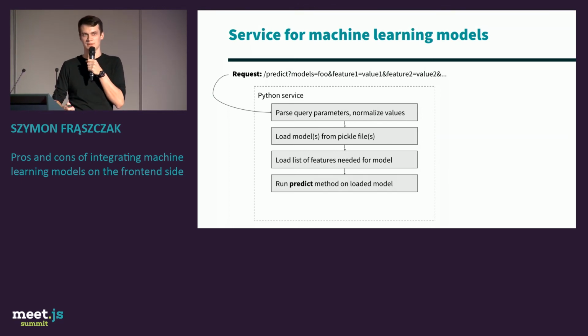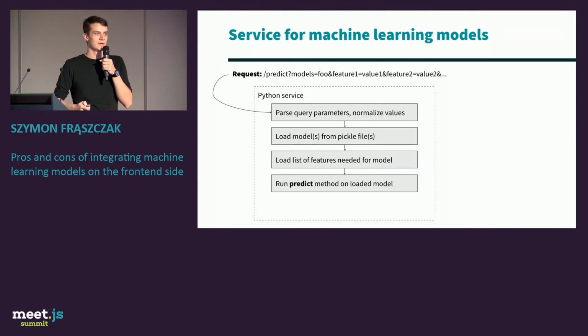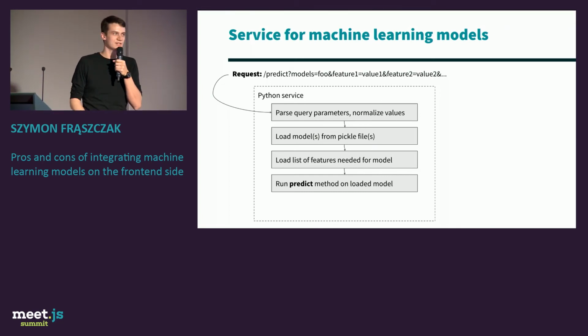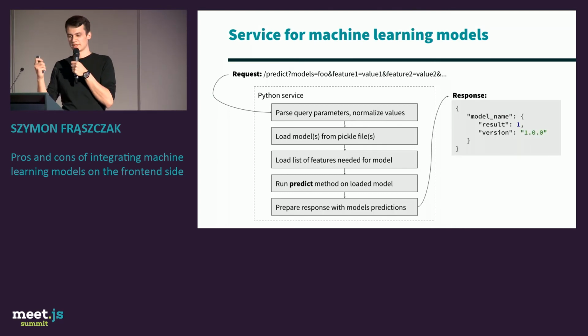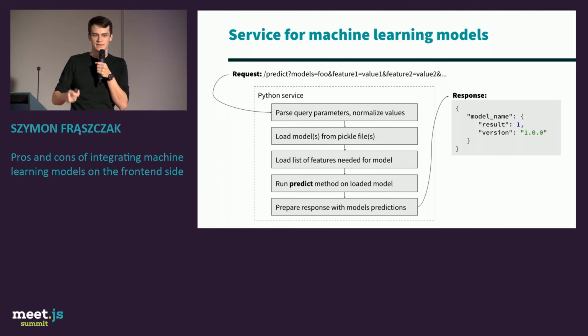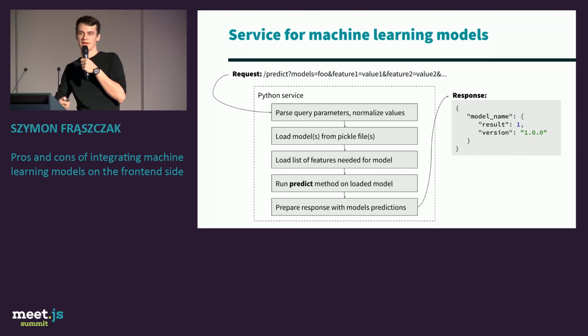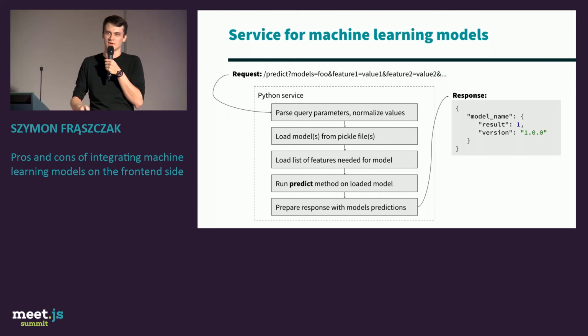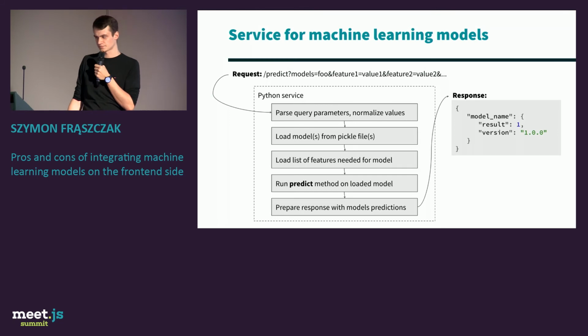Having that, we have everything needed to have the prediction. So we are returning the response which contains all predictions. And at this point, when our web application requests the service, we know all predictions, and again, we can use them to display a goodbye message to our user.